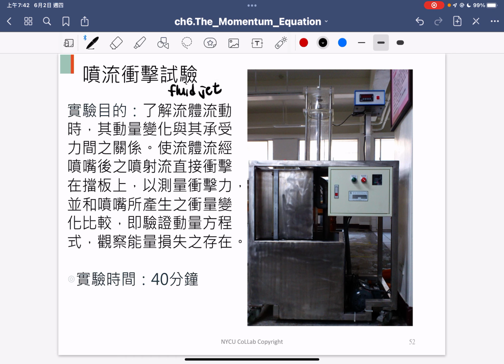And the fluid jet device can help us to better understand how momentum changes and is associated with the force we have. Okay, and you can compare the theoretical force and the observed force, the difference between them, and then you can calculate how large the energy loss we have in the practical case.